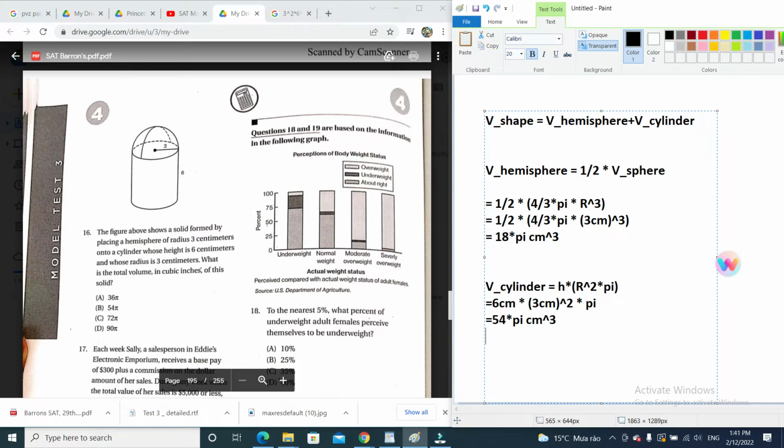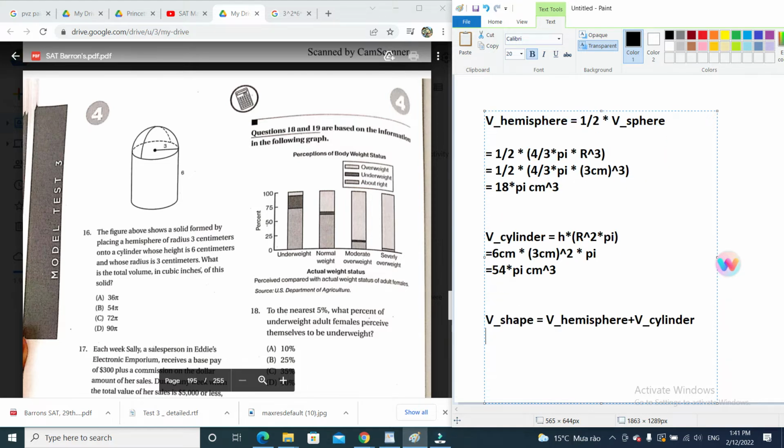So the volume of the shape is going to be the volume of the hemisphere plus the volume of the cylinder, which is 18 pi centimeters cubed plus 54 pi centimeters cubed.